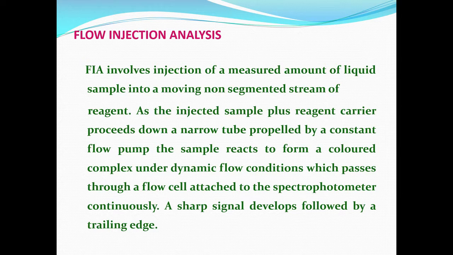So, basically what it involves is that a measured small amount of liquid is moved into a non-segmented stream of the reagent, and as the injected sample and reagent carrier proceeds down the narrow tube into the manifold, the reagents are pumped and the normal color complex formation takes place, but this takes place under dynamic flow conditions.